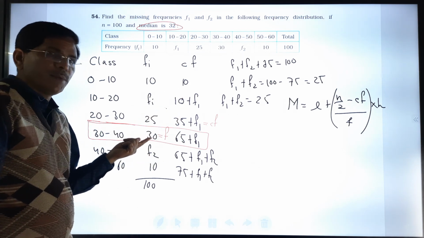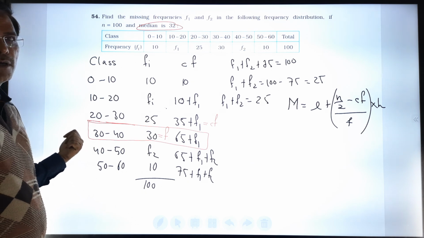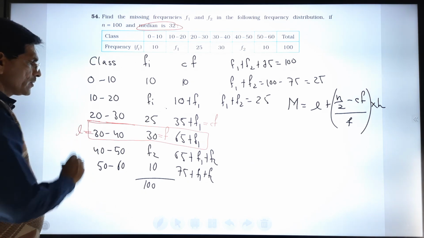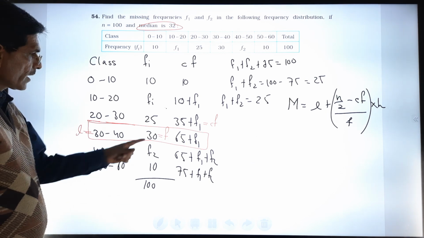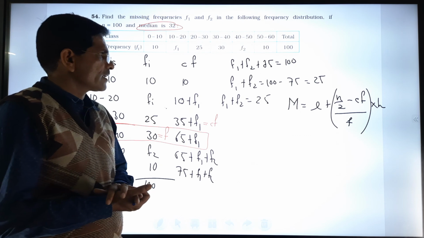And the frequency of the median class, and the lower limit of the class, that is L. So L is equal to 30, F is equal to 30, CF is equal to 35 plus F1.